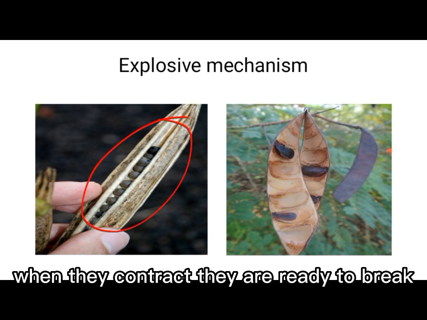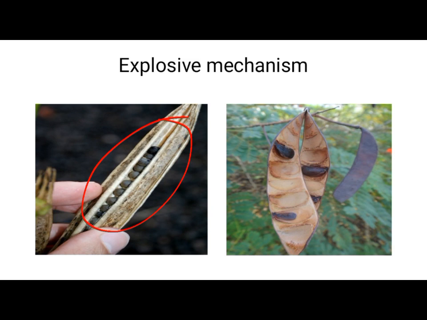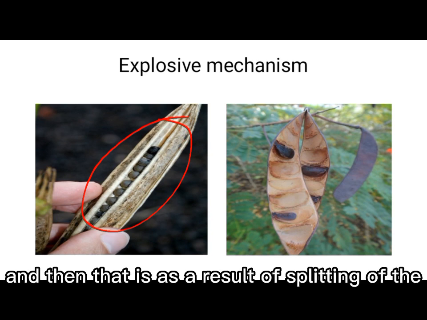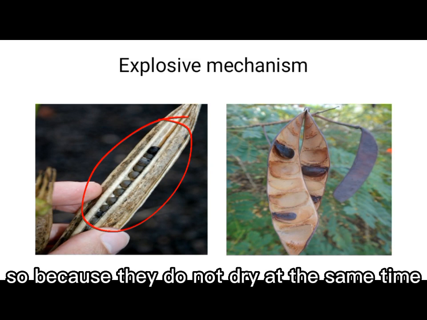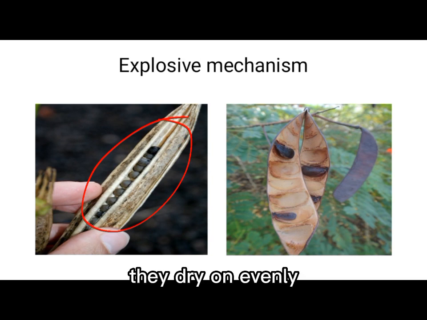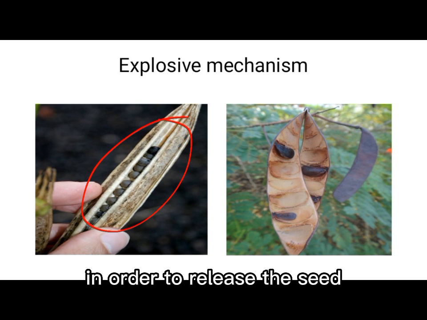When they contract, they are ready to break. They also have uneven drying, as a result of the splitting of the pericarp. Because they do not dry at the same time, they dry unevenly, so the pericarp is able to split in order to release the seed.